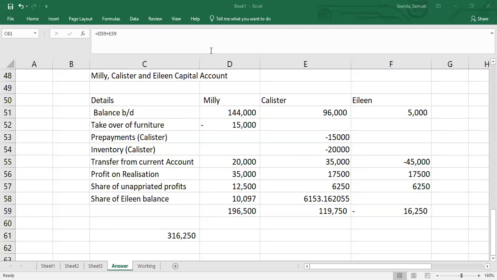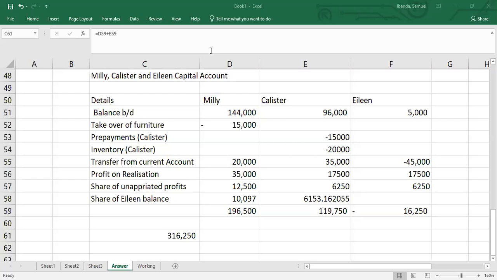Why should they share that? Because they told us this is the whole principle. When a partner's capital balance shows a debit balance, like what Ellen has, the 16,250 is a debit balance. He has to pay the debit balance to the firm to settle his account.